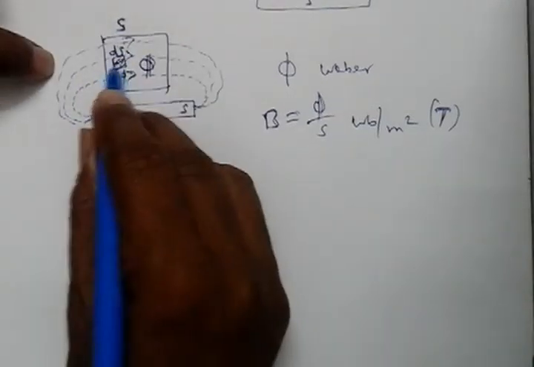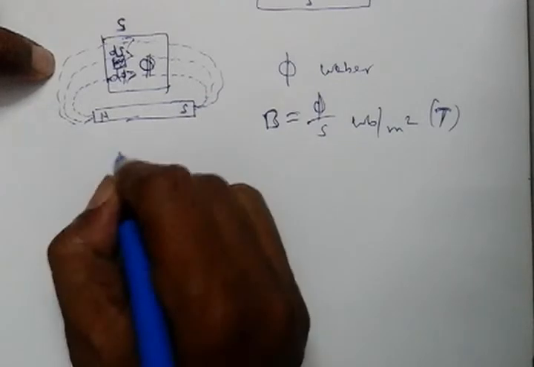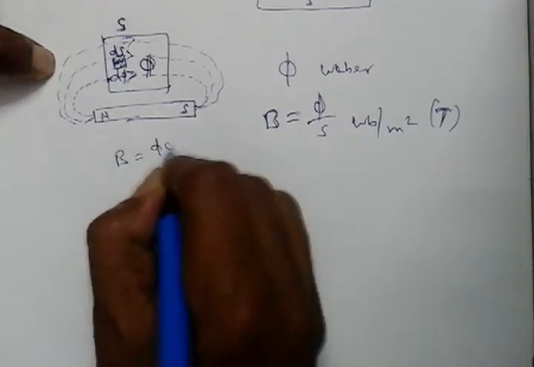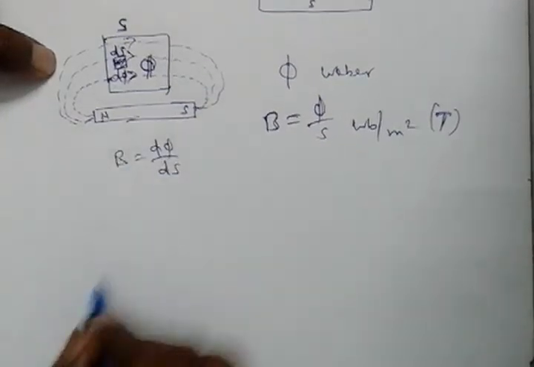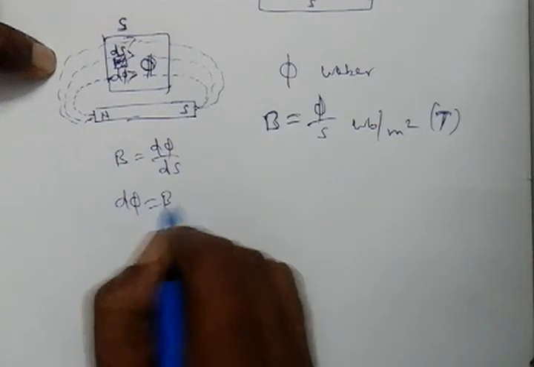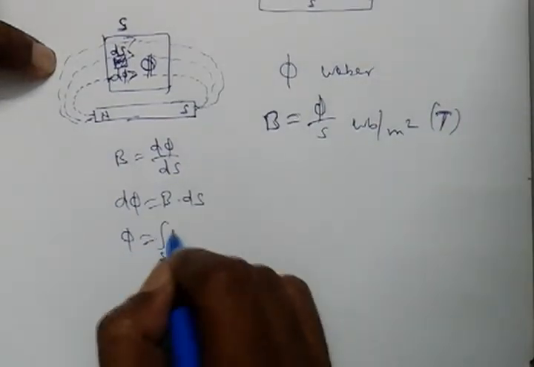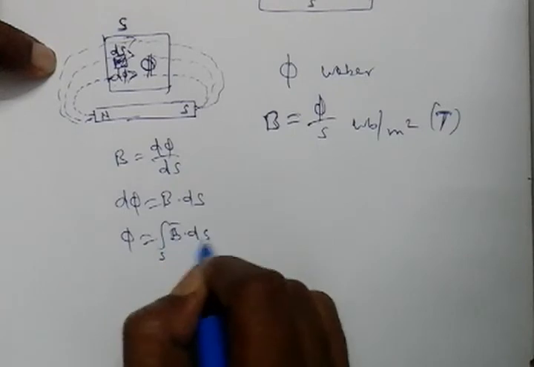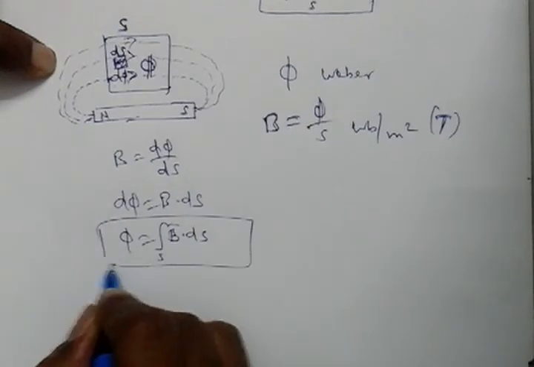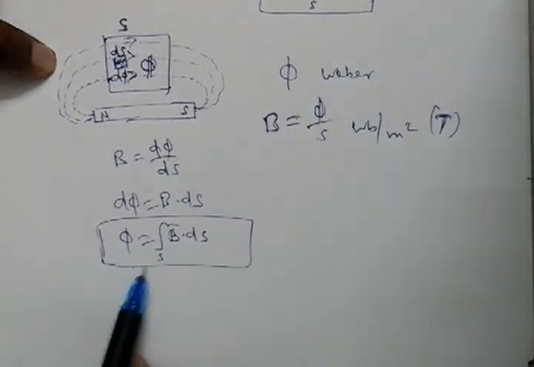Then the flux density for this differential surface area is B is equal to d phi by ds. So d phi is equal to B bar dot ds. So phi is equal to the surface integration of B bar dot ds. This is also a very important formula for solving problems.